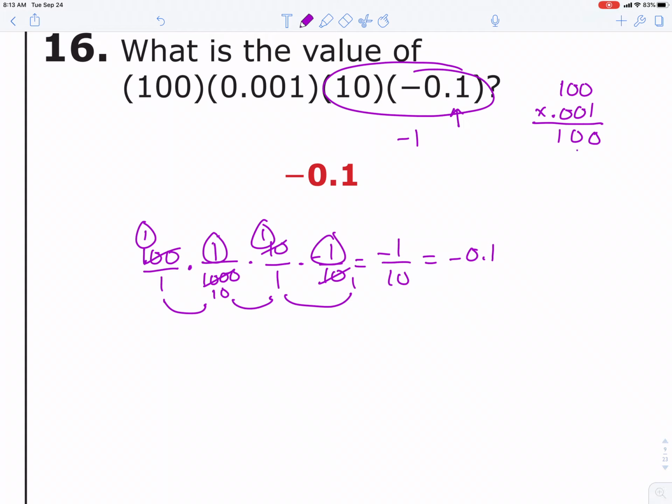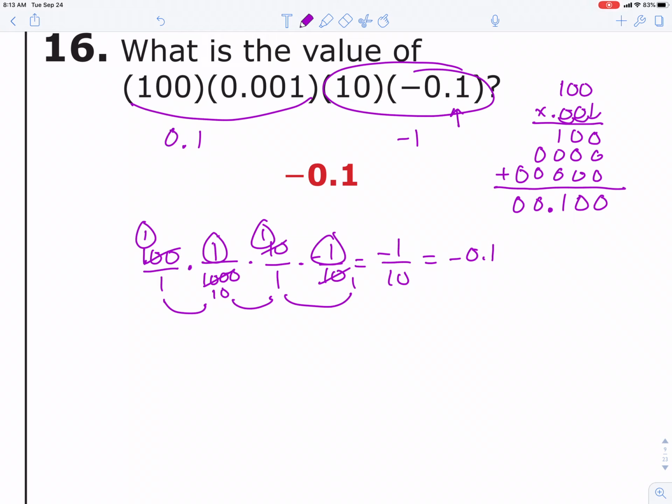And then we got 0, 0, 0, 0, 0, 0, and then we got to add down. 0, 0, 1, 0, 0, and we look 1, 2, 3 digits to the right. So that's what I get when I multiply these two. I get 0.1, really. Or you could say 0.100 or 0.1. Because really this 0 means nothing, and these two zeros don't really mean anything.